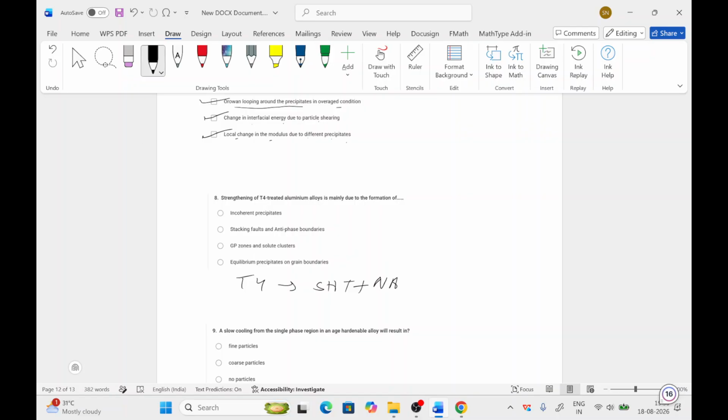So with natural aging, the driving force to nucleate the precipitate is less. So GP zones will form, and then they grow in size. Only the grain boundaries are sites that can provide less driving force to form the nucleation of the precipitates. So equilibrium precipitates on grain boundaries are formed, and GP zones and solute clusters also form with time.